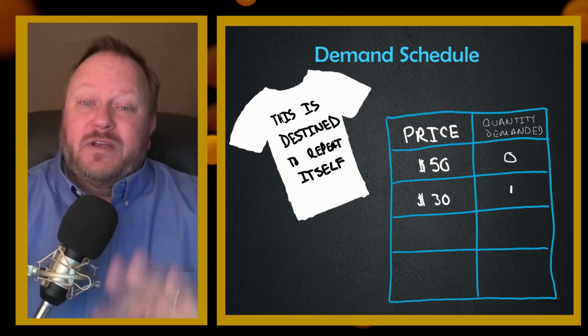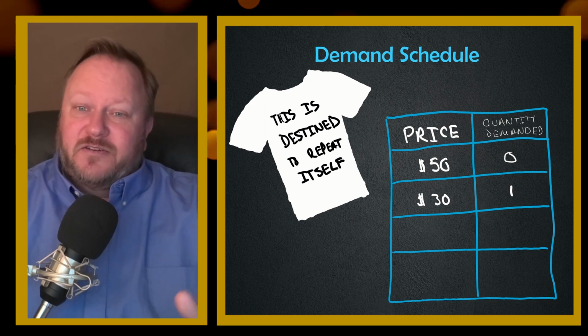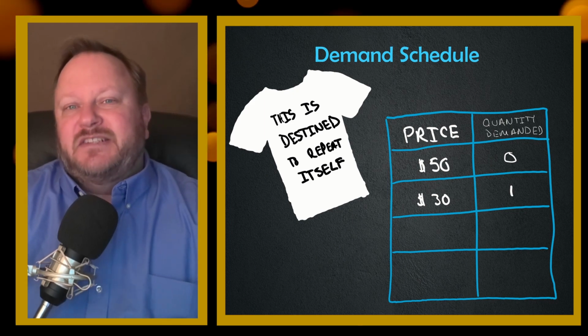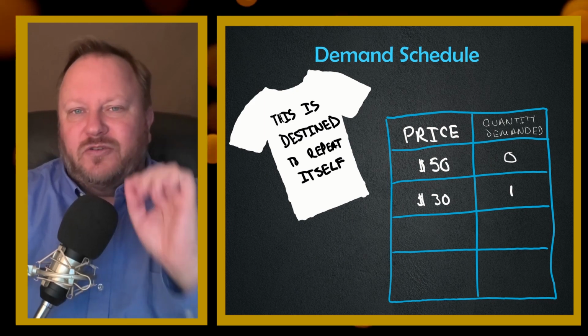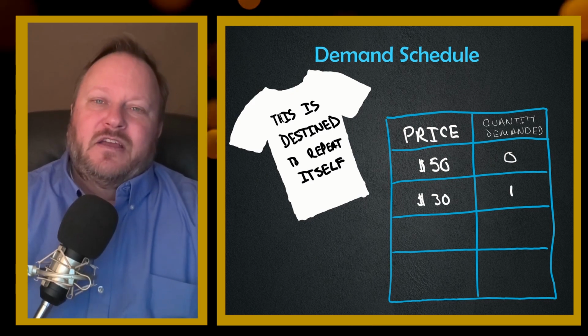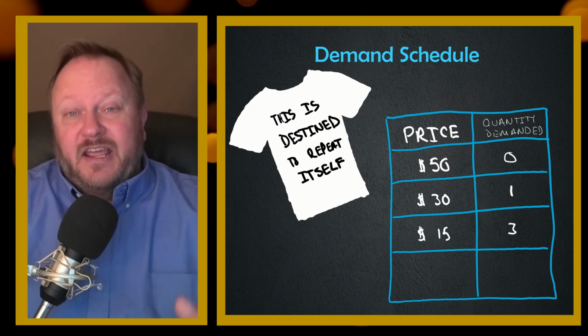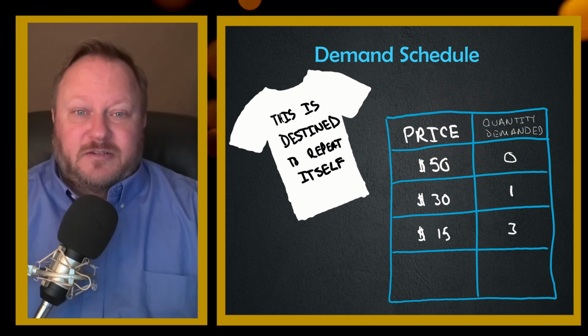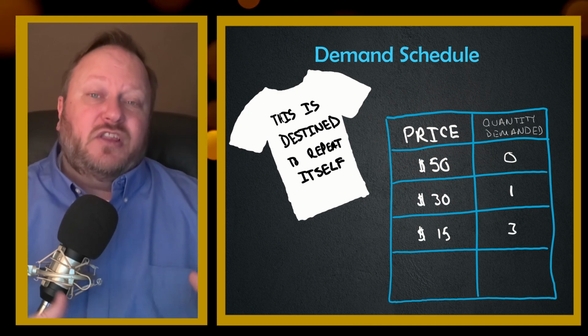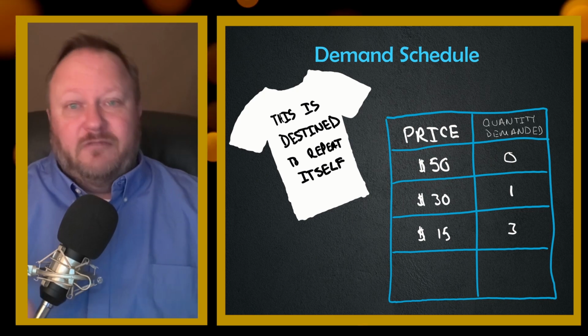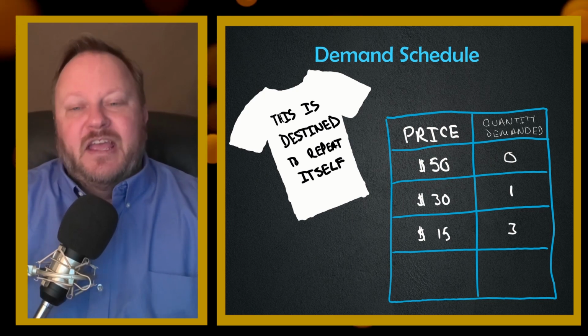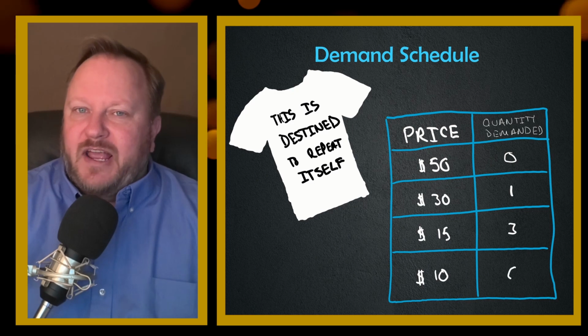But when we lower the price point to $30, then we start seeing people consider the t-shirt, and they would actually purchase one t-shirt for that price. If we lower the price to $15, then people would actually consider purchasing 3 t-shirts. If I lowered it to 10, notice what happens.